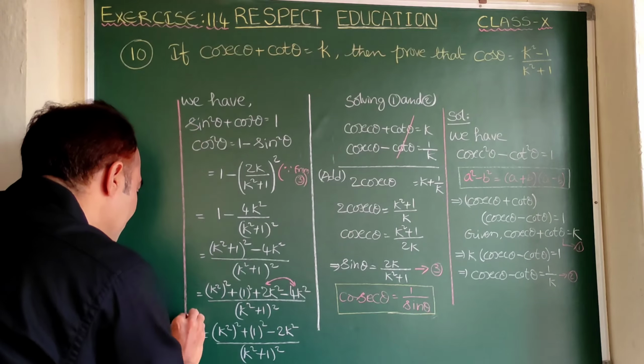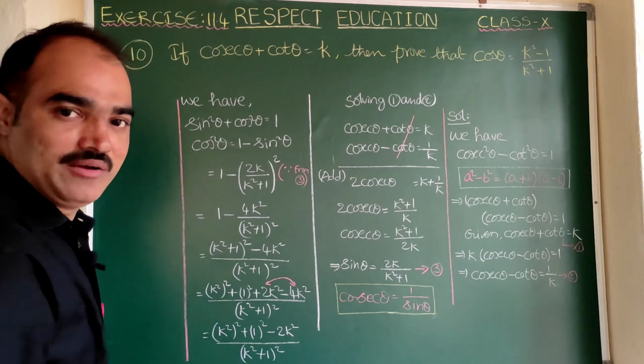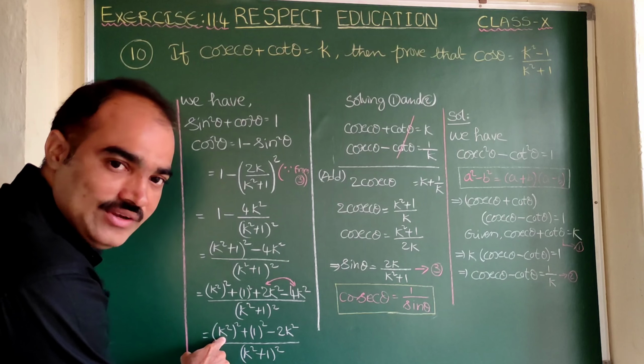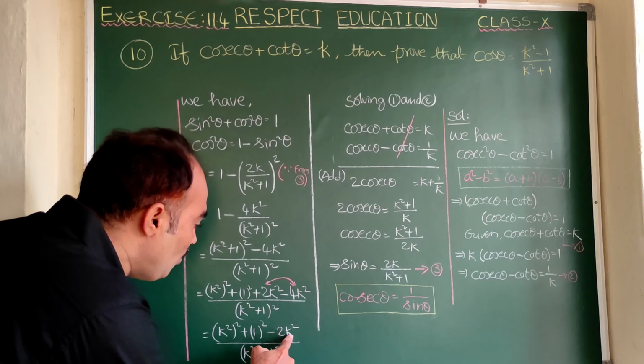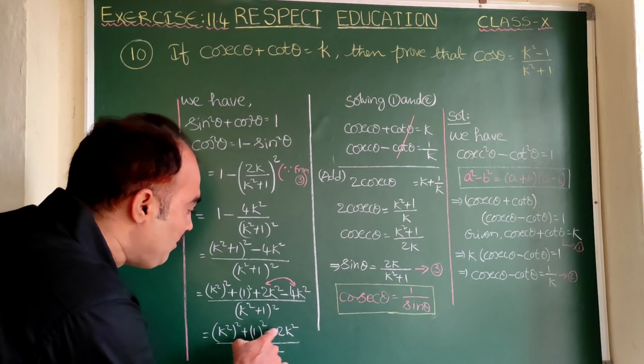Now here you do understand, it is a formula: a square plus b square minus 2ab. Here b is 1, so here we can write 1 also, because 2k square into 1 is 2k square only.